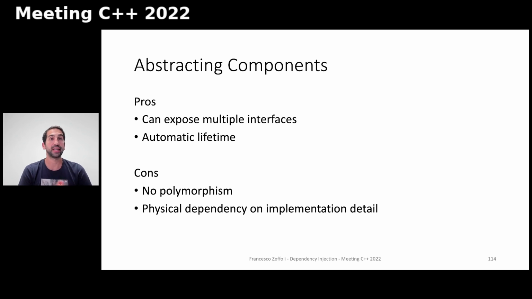The disadvantage is that it doesn't support polymorphism, but generally we don't care about that. More importantly, there's a physical dependency on the implementation details. So whoever calls this function is going to have to include all the headers of the internal implementation, which will not happen if you were returning the factory style with the abstract class.